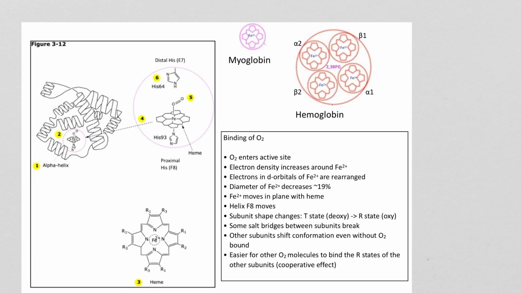So the transformation of the first subunit from the T to the R state causes the second subunit to also become the R state, and more of these electrostatic and weak forces are broken. The third subunit will also become the R state, and eventually the fourth subunit will also become the R state.